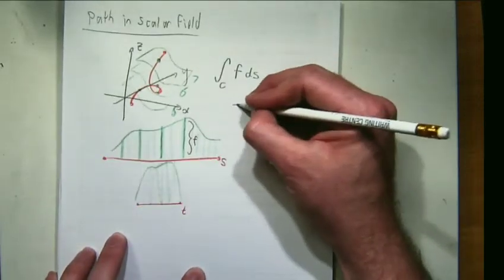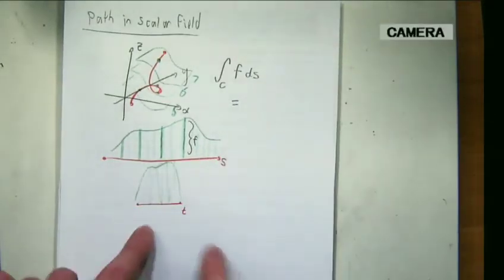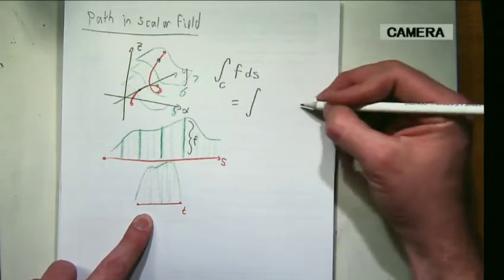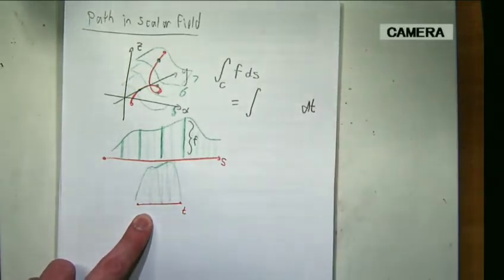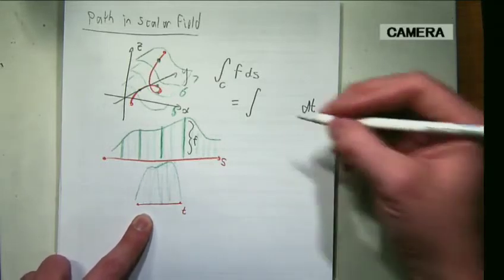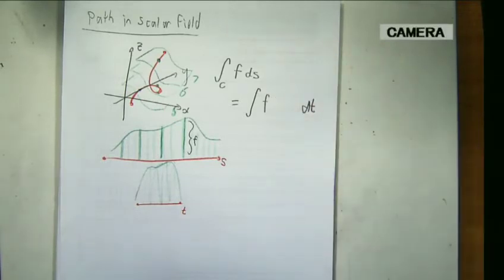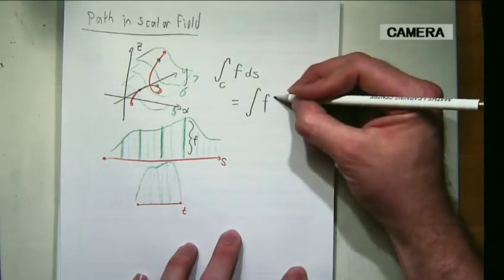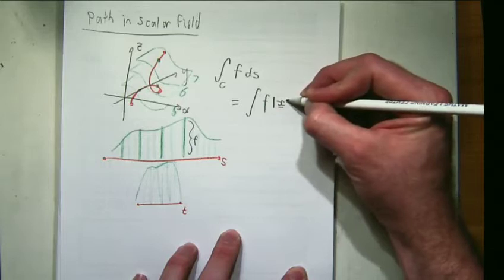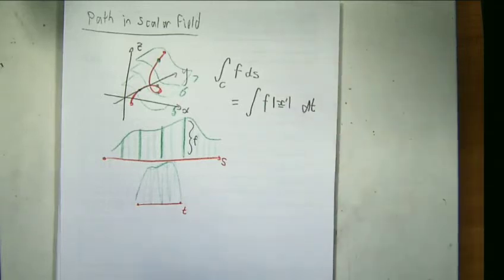Okay, so the way it works is you're going to use your t. You're going to get your f, which is a number. And you're going to multiply it by the length of the derivative of your points on the curve.